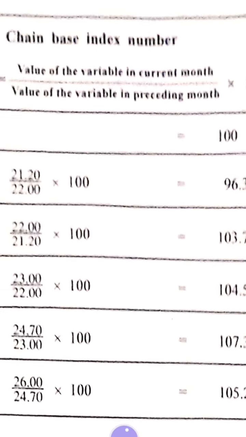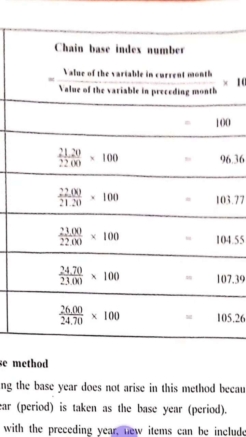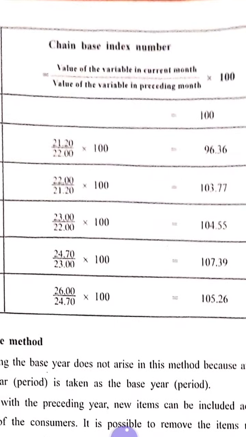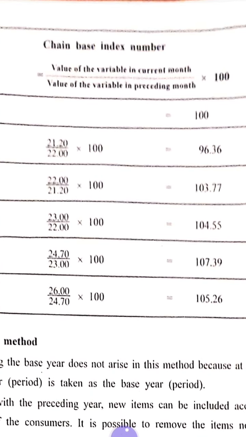So I'm repeating, if you want to find out the index number by chain based method, it is obviously value of the variable in the current year or the month, whatever is given to you, upon value of the variable in the preceding year or month, multiplied by 100. That is the chain based index number. What is the difference with the fixed base index number?